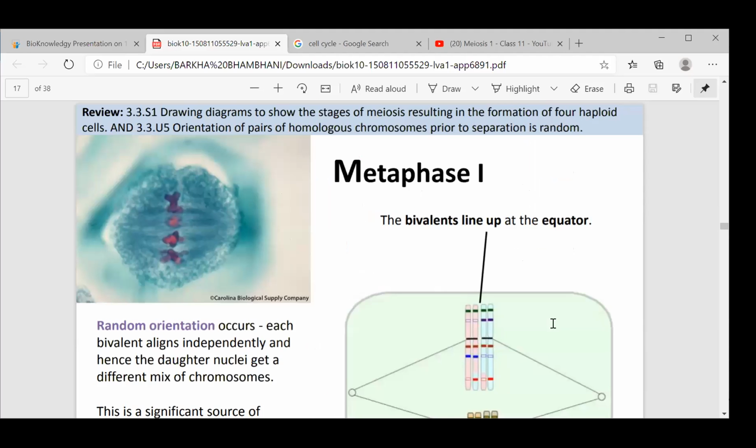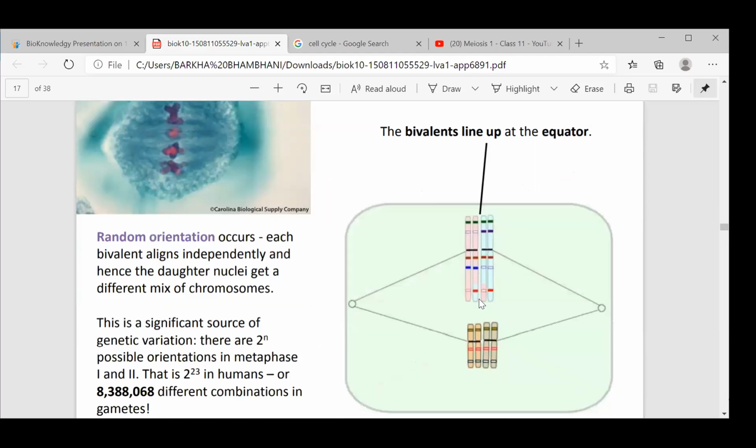Now in metaphase 1, what happens? Remember, once the exchange of genetic material has taken place, they are called bivalents. The bivalents are formed here at the equator. Now this is in one cell. It might happen that this one goes on this side or this one comes on this side, or a change can happen over here.